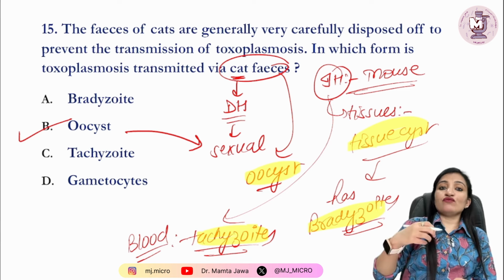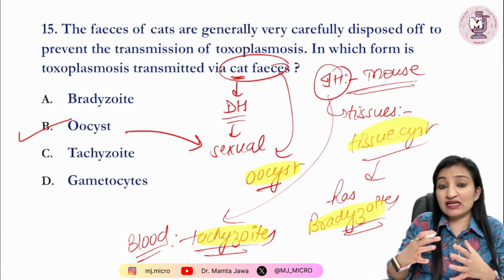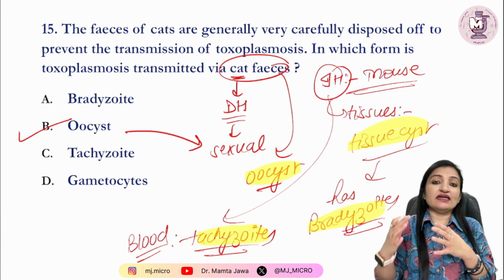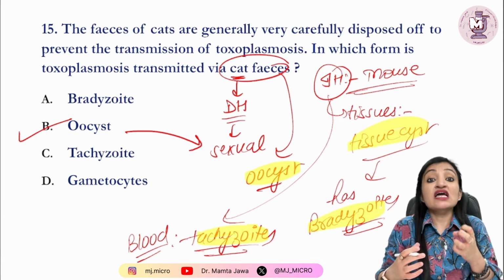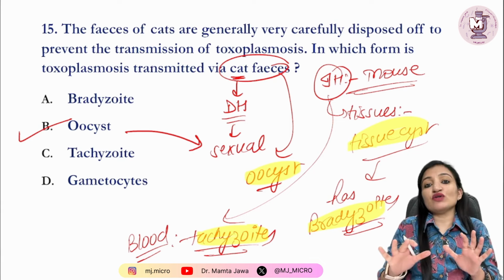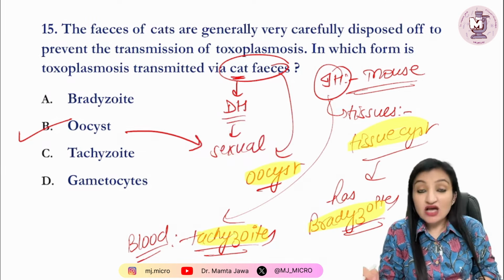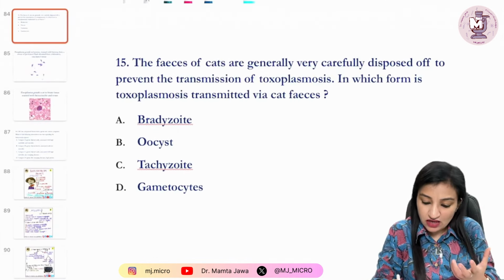By intake of contaminated meat of an animal which behaved like the intermediate host, what will be present in the meat? Tissue cysts, which in turn have bradyzoites. So all of these morphological forms which I've highlighted in yellow can initiate infection in humans, who are the accidental intermediate host.